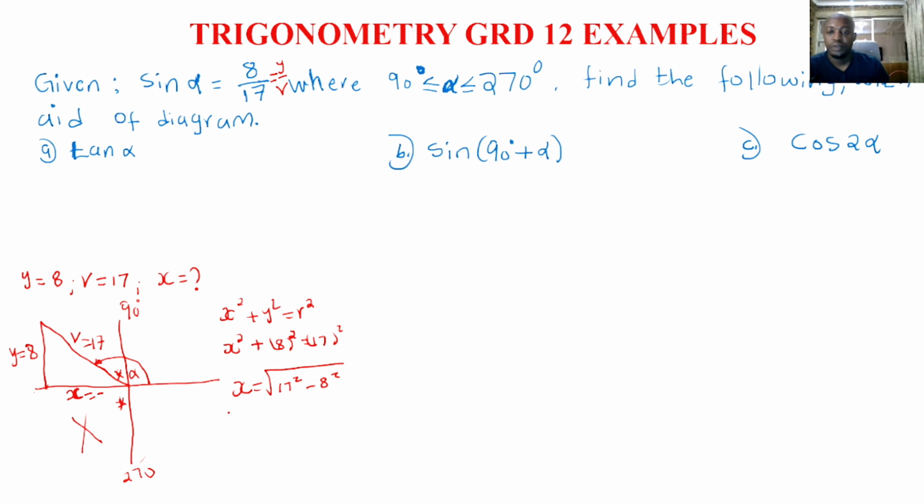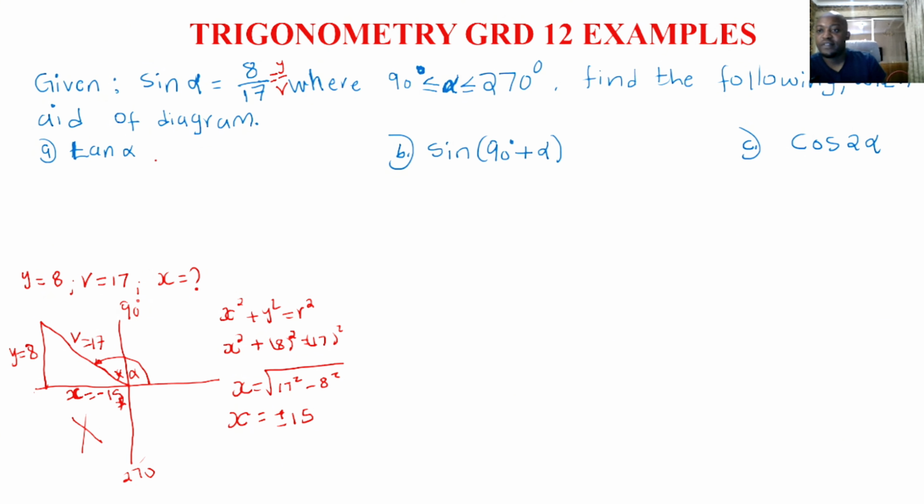If you punch that in your calculator, you should get plus or minus 15. But we already know that it is going to be minus 15, because here it's negative, so it's going to be negative 15. Great. So now we can go ahead and answer the questions.